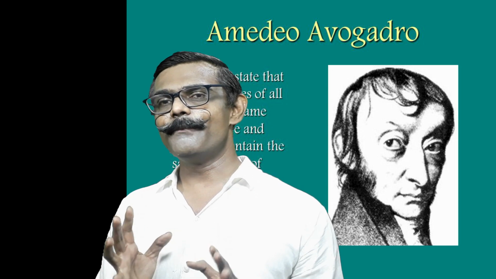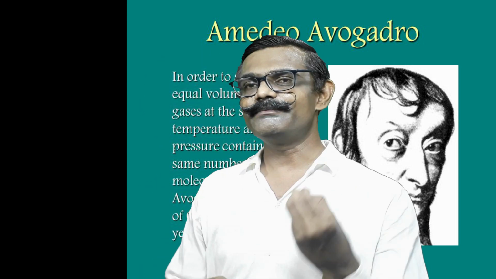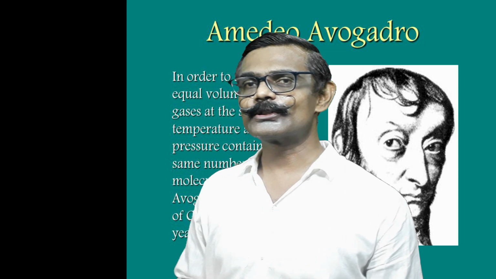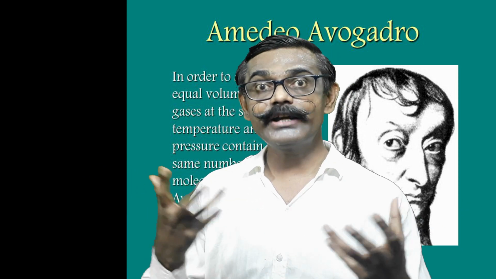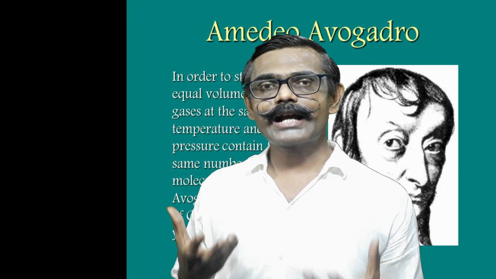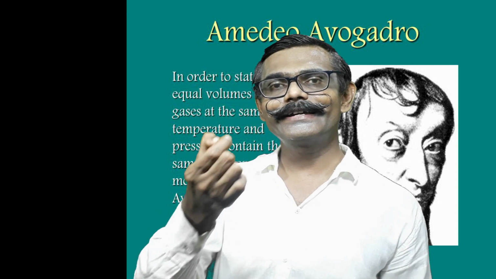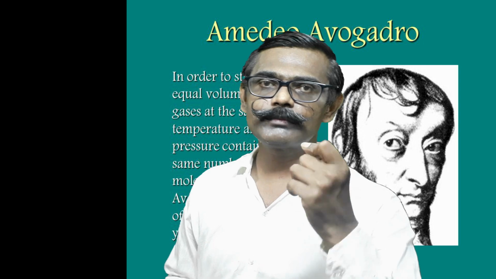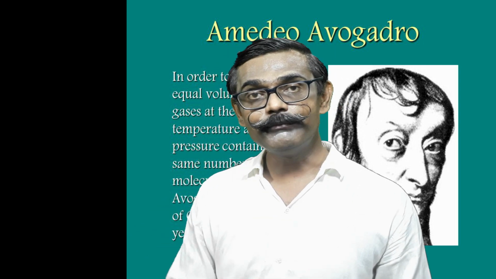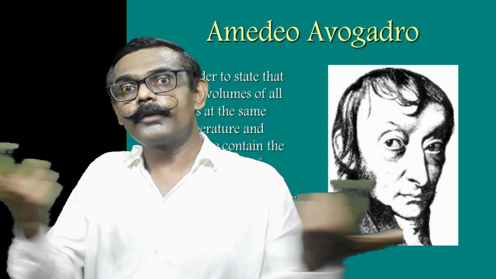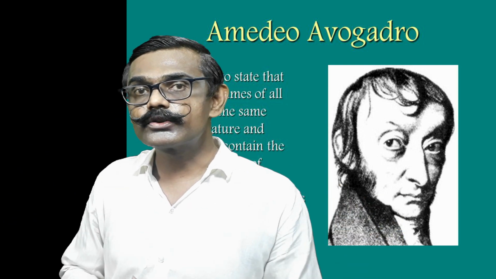Afterwards, they decided that a measurement should be there for the number of species, maybe atoms or molecules, present in one mole. Because we can't measure in terms of particles, we can't measure in terms of liters, we need to measure in terms of number, and that number should be followed by all. So which number should be there?